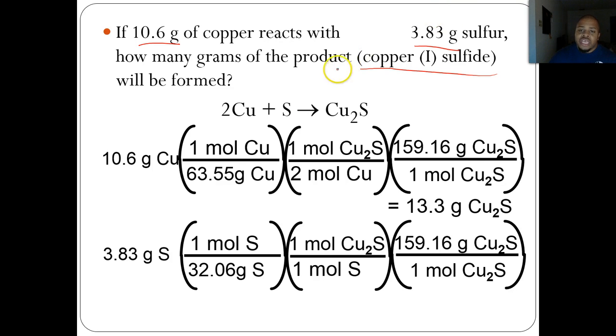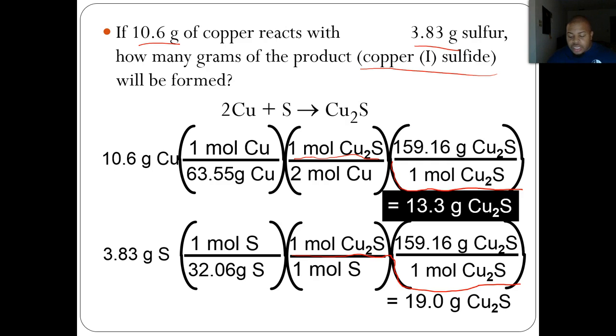Now, if you take a look here, from this point in the equation, and including this last step, you notice that it's exactly the same from here to here. So once you've done the work once, it actually becomes much easier for you because you get a chance to copy your own work. Okay? Now, after doing this, I end up with 19.0 grams of copper 1 sulfide.